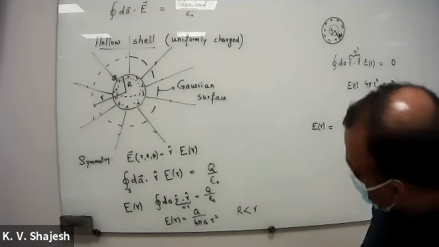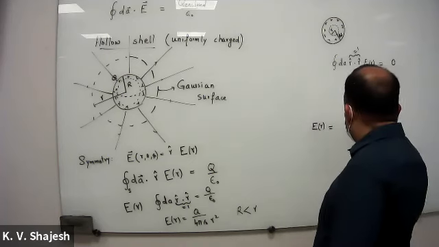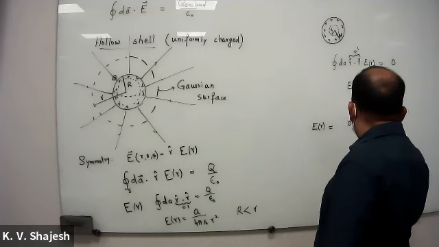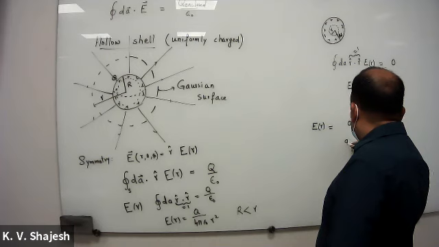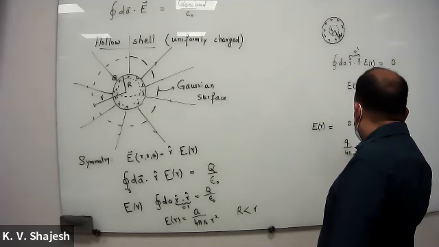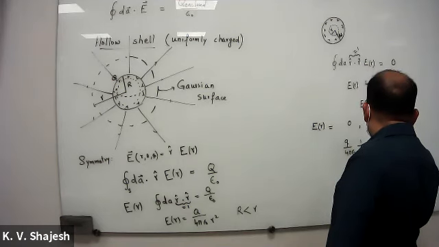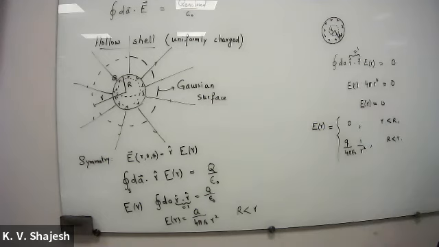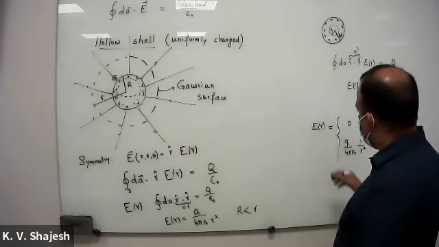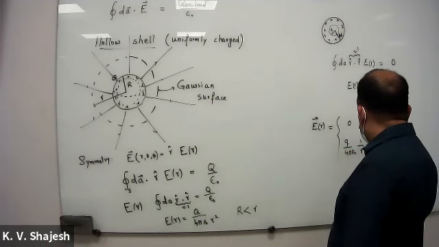So this is equal to 0 if r is less than capital R, and this is equal to Q over 4 pi epsilon naught, 1 over r squared if it was greater than. This is the magnitude. We already assumed that it is radially outward, so if you want the direction, that's r hat.